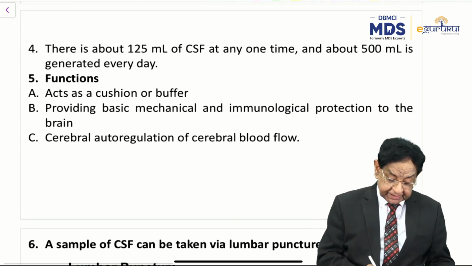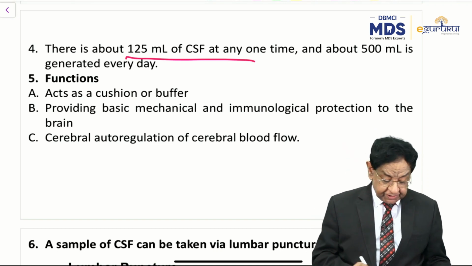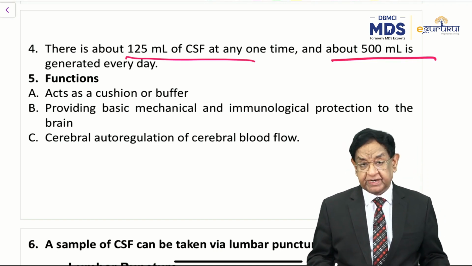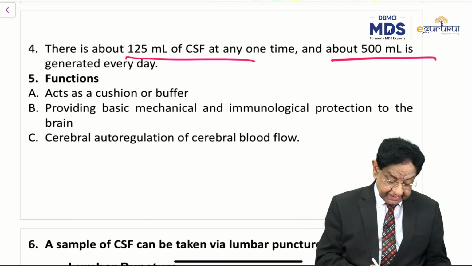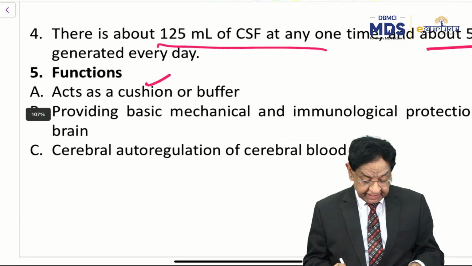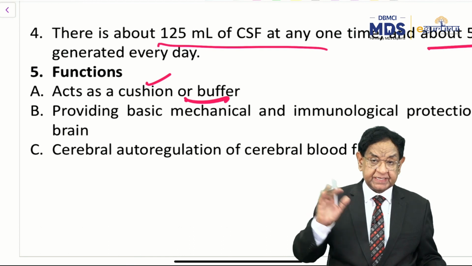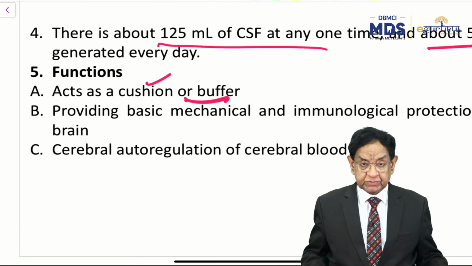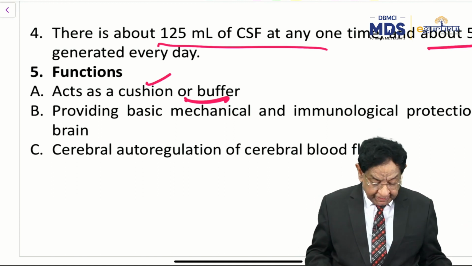Now, how much fluid is there? 125 ml of CSF at any given time. And total production per day is 500 ml. And what is the function of this CSF? It acts as a cushion and buffer, so that there is no injury to the brain. Brain is a very vital and delicate organ. It looks like a cushion pad.